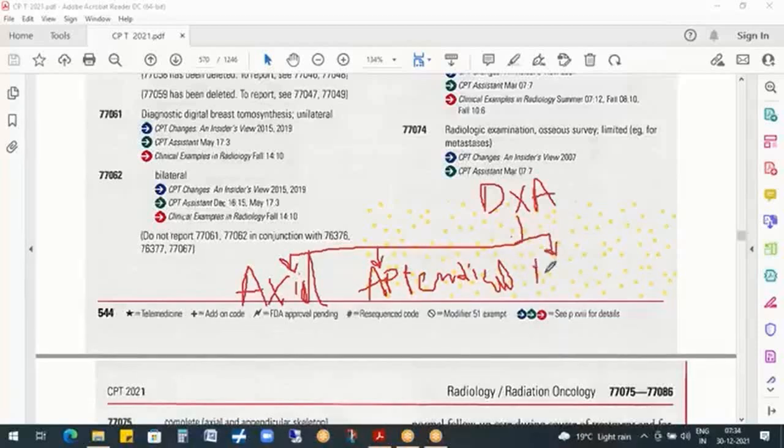Third one, axial with vertebral fracture assessment. You can note it down.